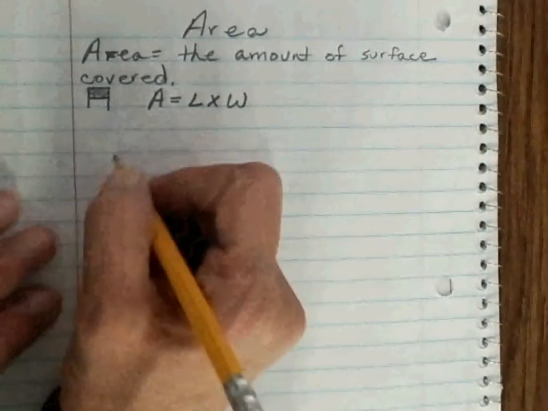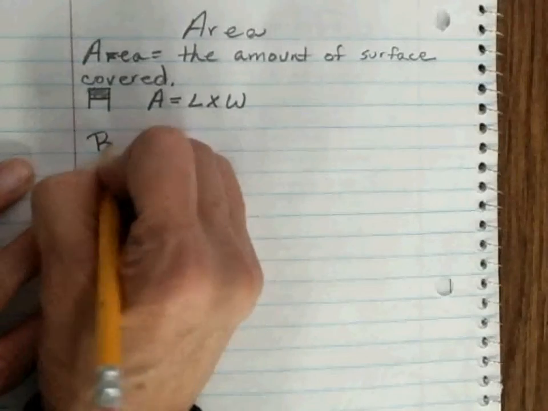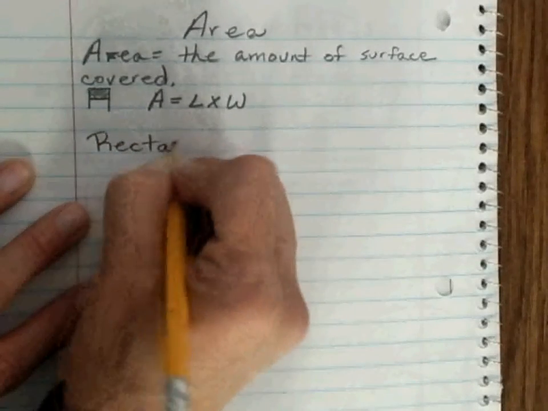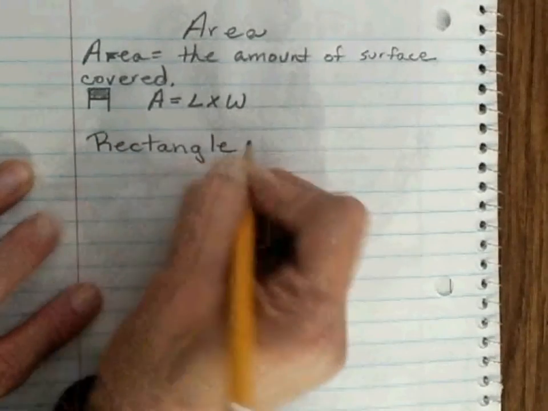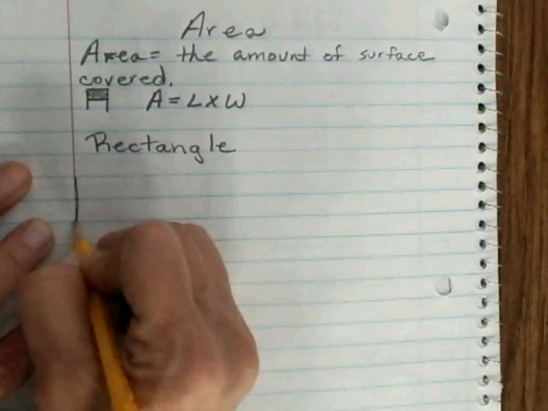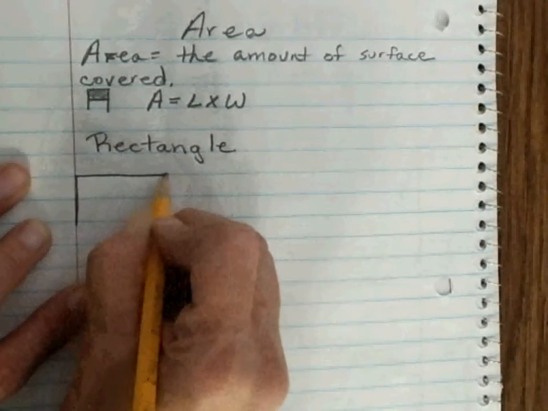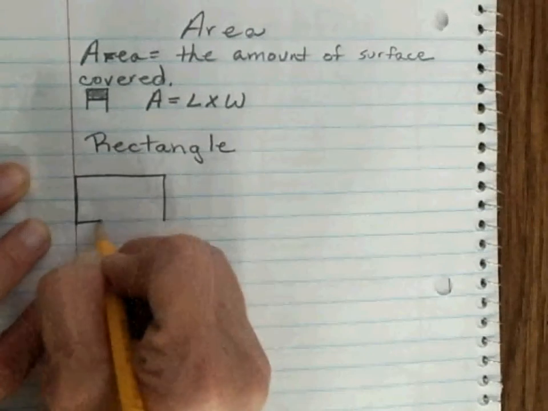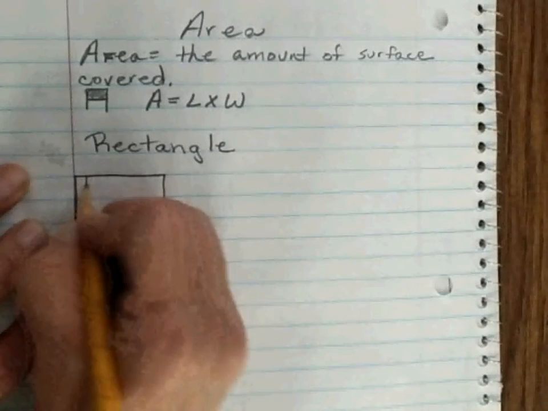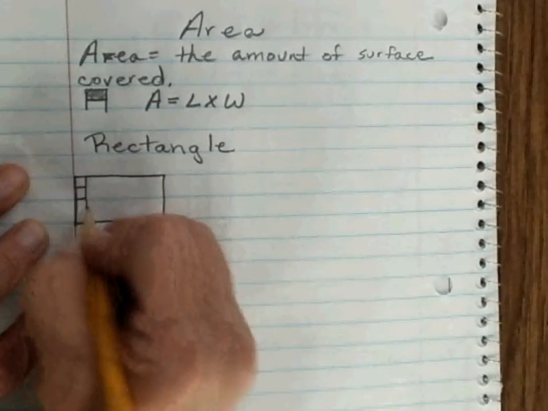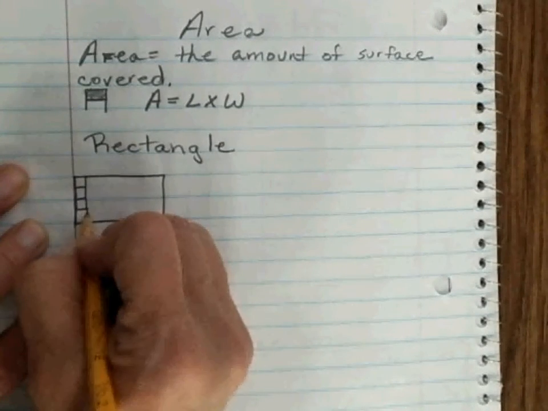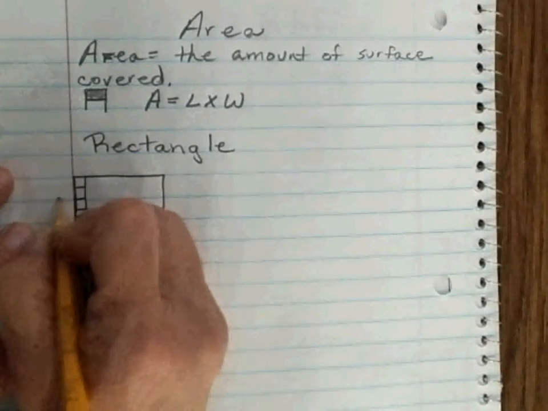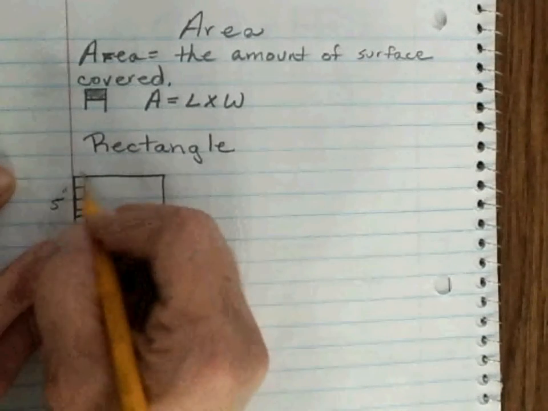So let's take an example here. Let's say I have this rectangle, and I need to find out the area of the rectangle. Okay? And my rectangle measures 5 square units wide. We'll make our units inches.